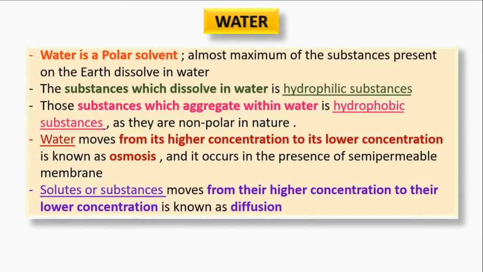So what is water? We know water is a universal solvent because of its polar nature, and almost all substances present on the earth can dissolve in water. Those substances which can dissolve in water are polar substances, and they show an affinity to dissolve.